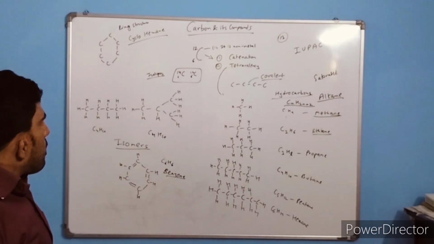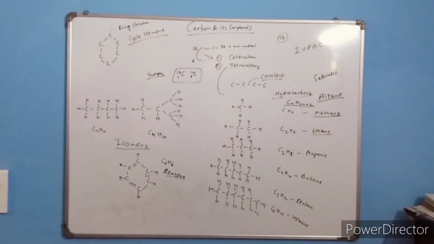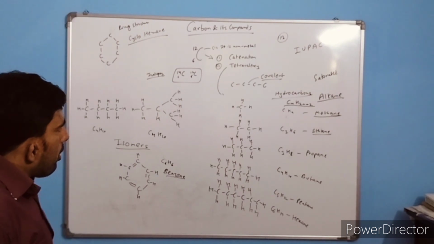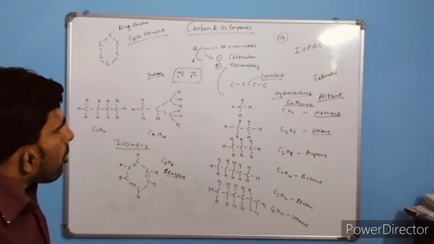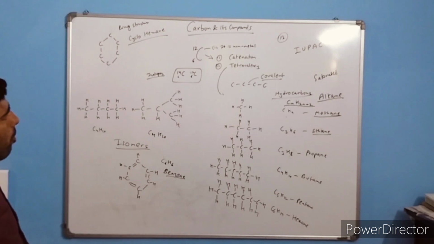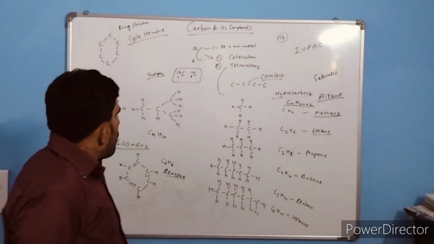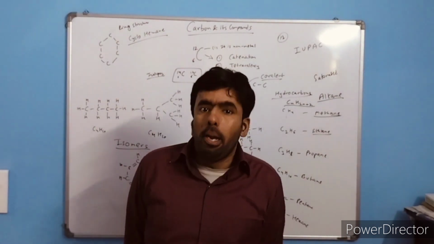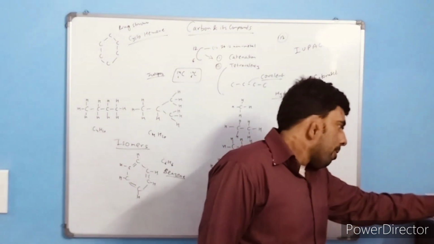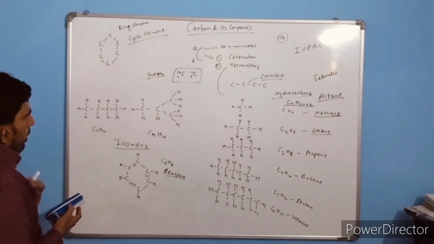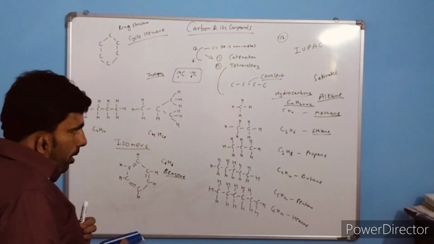So that is the difference we can now easily identify between single bond, double bond, triple bond. Okay, let us see how the naming will change in double bond. Then let us draw a diagram for the double bond.